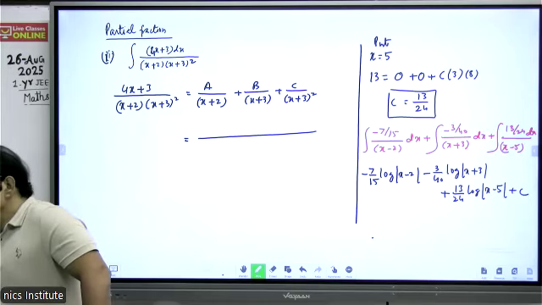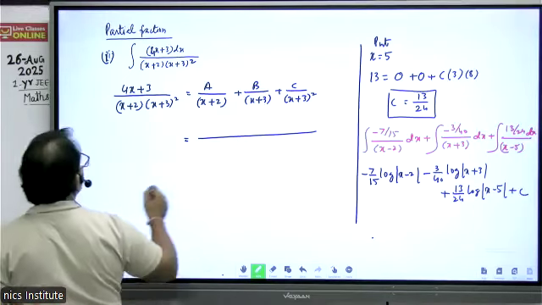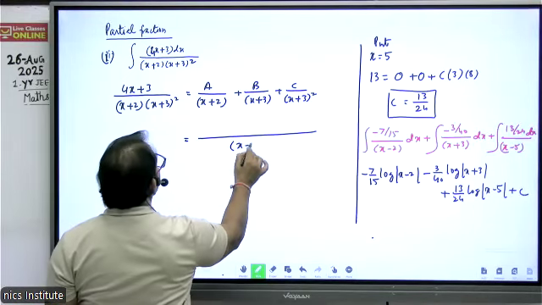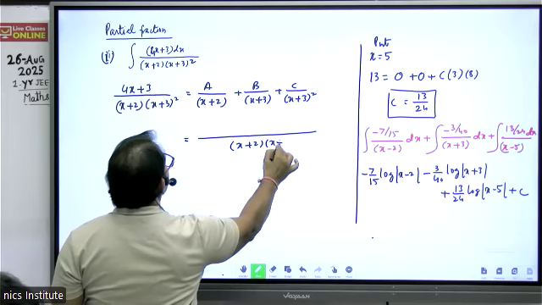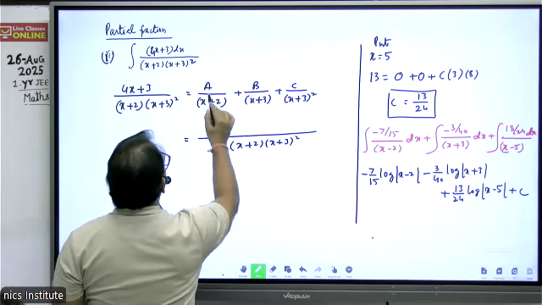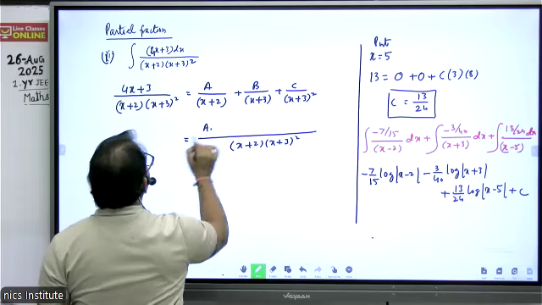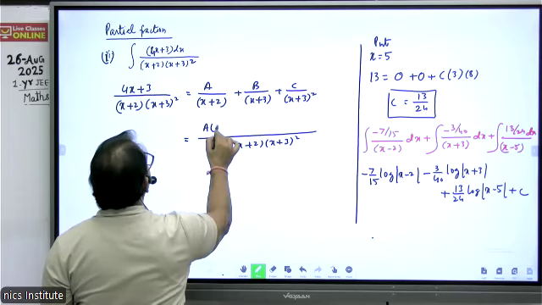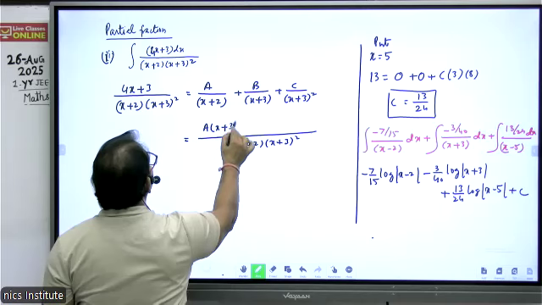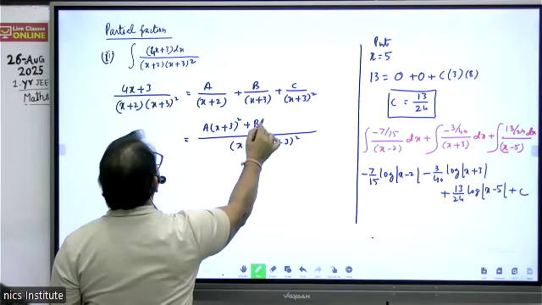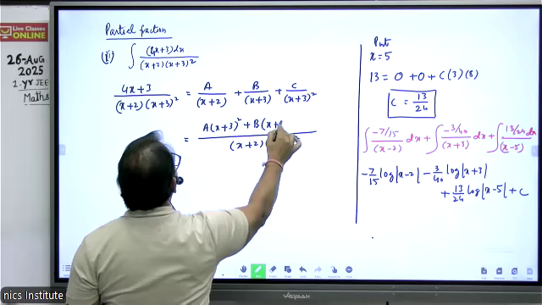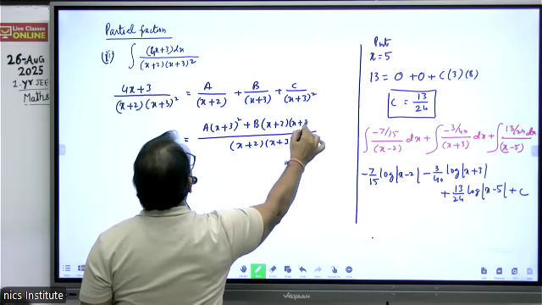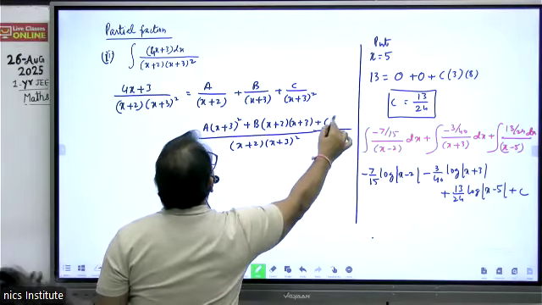X plus 2 into x plus 3 whole square. So what will be a into x plus 3 whole square, b into x plus 2 into x plus 3, and c into x plus 2.